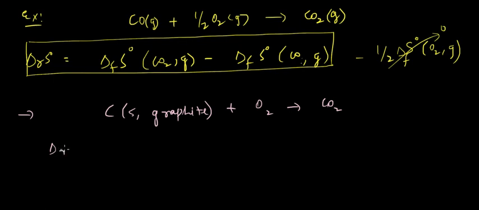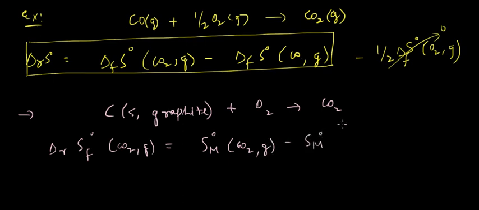So here we can write that ΔrS°, or let's say ΔfS° itself, ΔfS° CO2(g) can be written as Sm° CO2(g) minus Sm° C(graphite) minus Sm° O2(g). Oops, it is not CO(g), it is rather graphite.